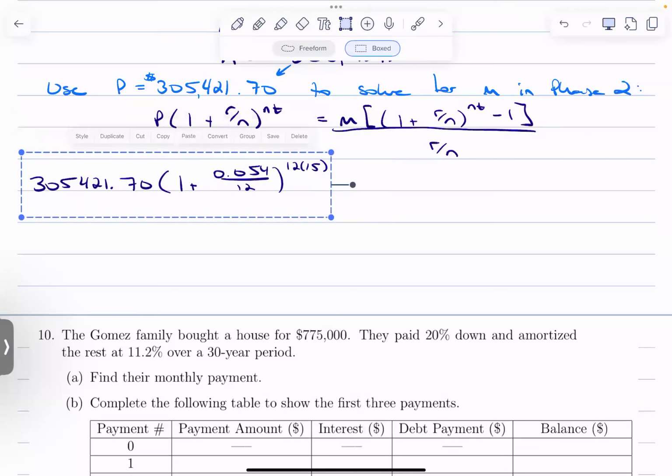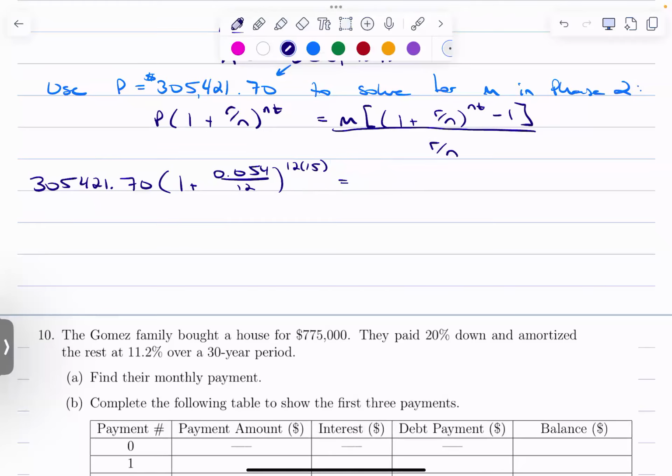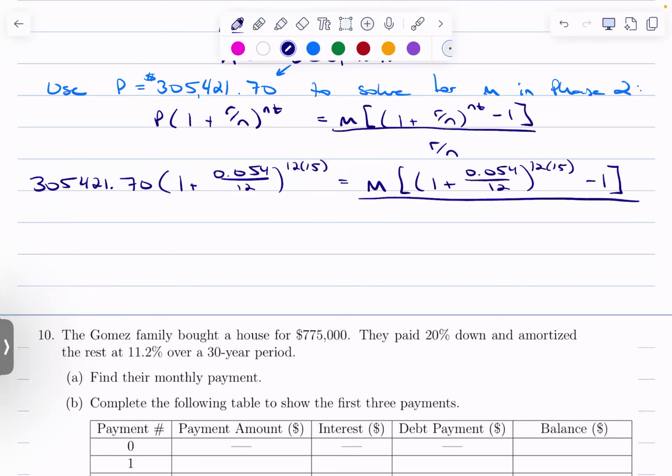Bump this over here. M is what I'm solving for. 1 plus 0.054 divided by 12 to the power of 12 times 15, minus 1. 0.054 divided by 12. Okay, here we go. 0.054 divided by 12 is nice, but small.